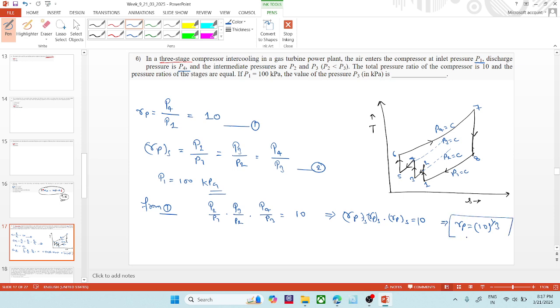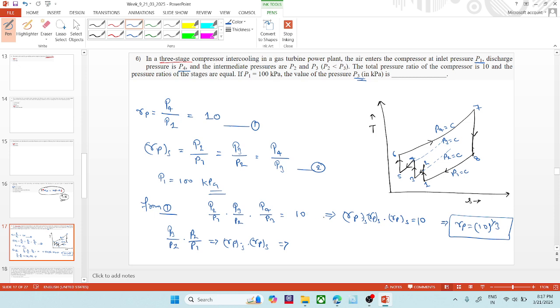Alright. So now we have to find out the value of P3, right? We know that P3 by P2 into P2 by P1 would be RPS into RPS.